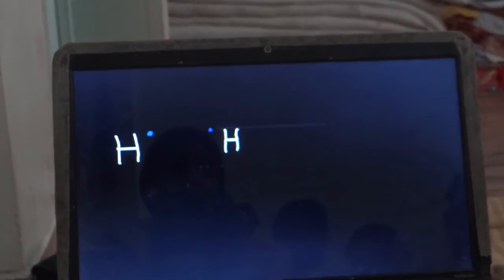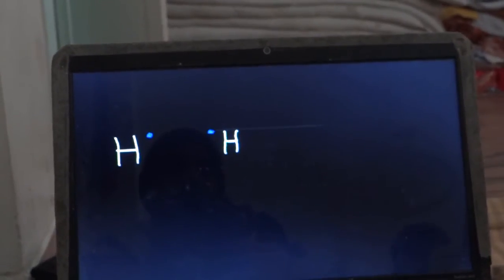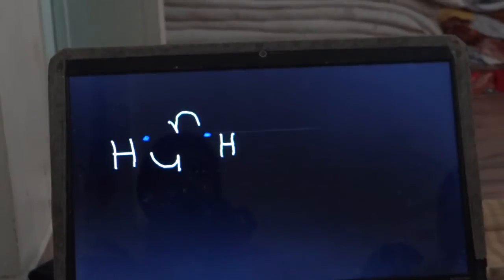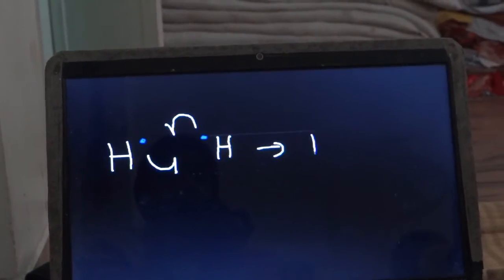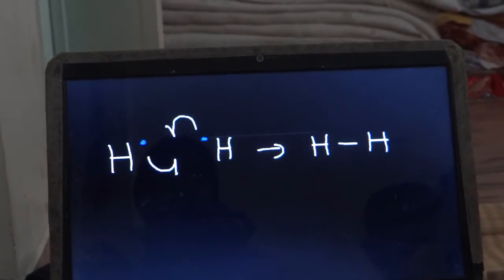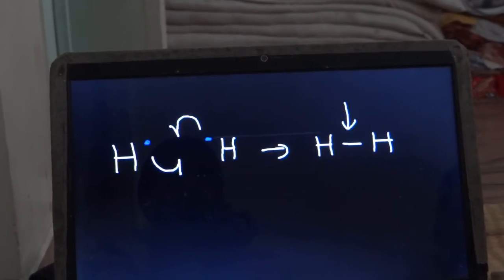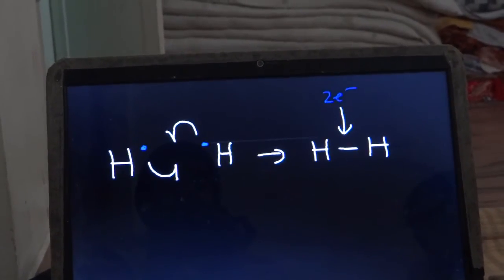Now, in a covalent bond, the electrons are shared. For example, let's say we have two hydrogen atoms, each with one valence electron. These hydrogen atoms will react in such a way to create a bond. In this bond, there are two electrons, and those two electrons are shared between the two hydrogen atoms.